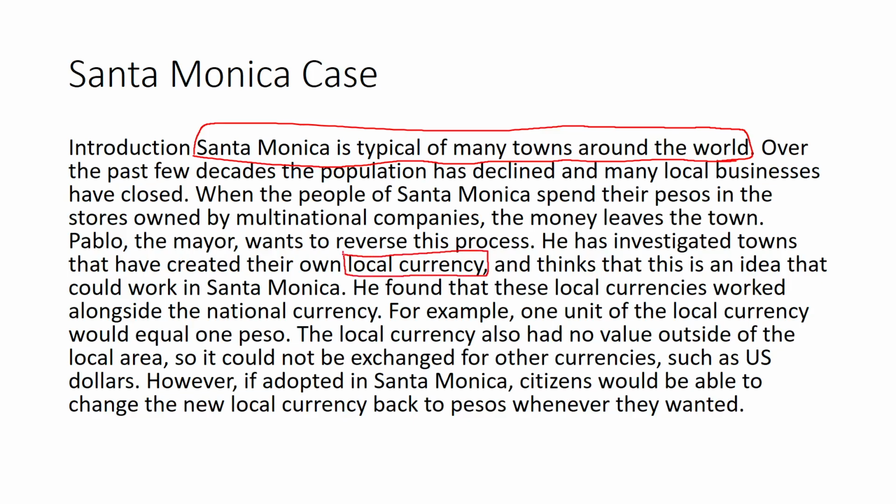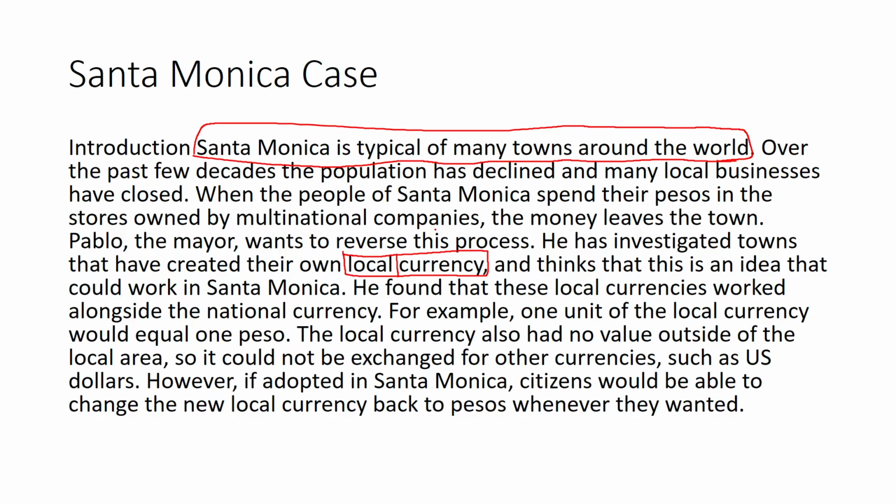So basically, the mayor of this city created his own local currency. He did it to promote the local stores because most of the population of this city usually spend their money in the multinational company, and the local shops were lacking some consumers and clients.